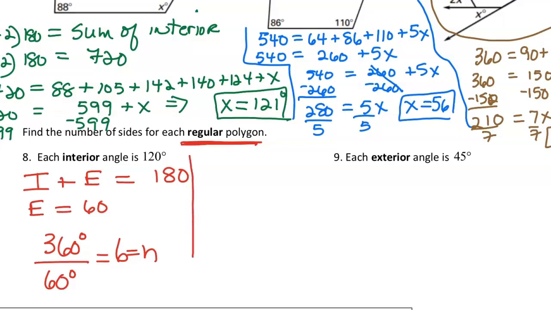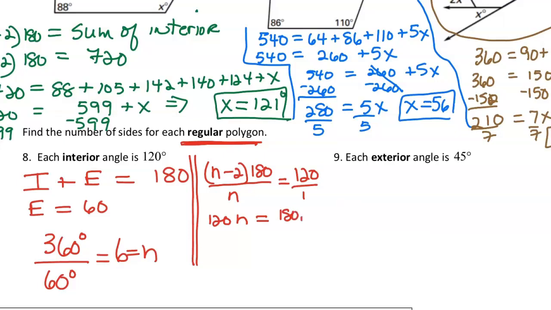If you want to use the interior angle, totally fine. But this would be your setup. You have to know that n minus 2 times 180, divided by the number of sides, is going to equal that one interior angle. Okay, put this over 1 and you're going to do cross products. 120n equals, and I'm going to distribute, so 180n minus 360.